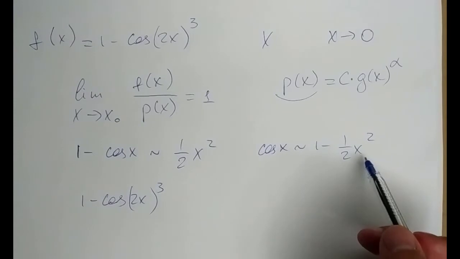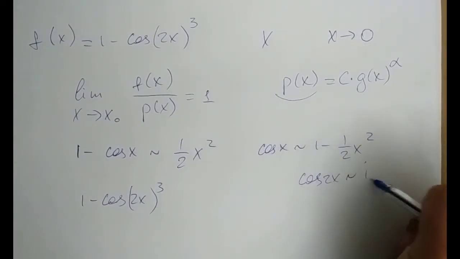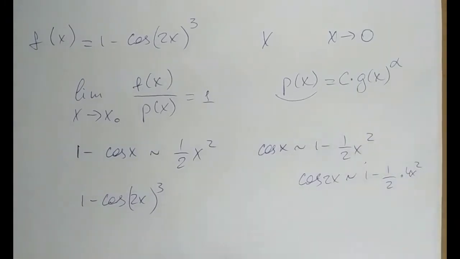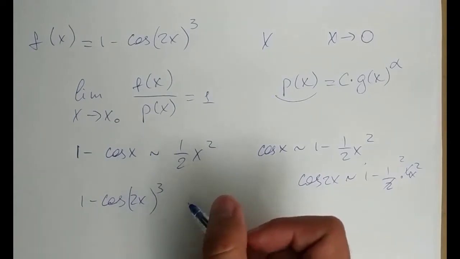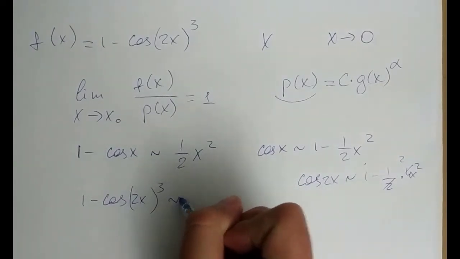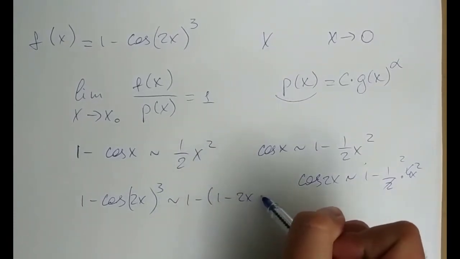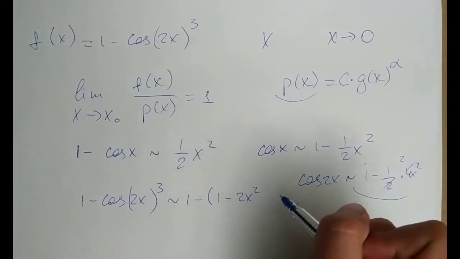If you put 2x here, cosine 2x is equivalent to 1 minus 1 over 2 times 2x squared, or 4x squared, or just 2x squared. Now let's use this equivalency, and we have that it is equivalent to 1 minus 2x squared, cubed.